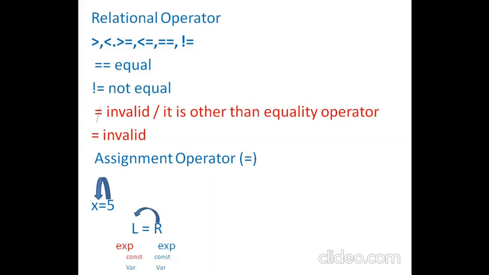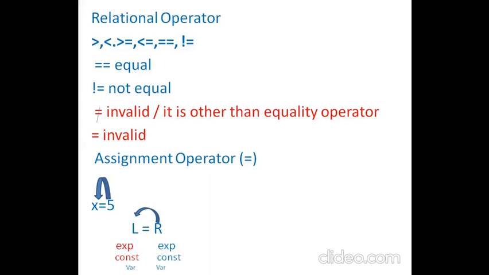Suppose if I write a plus b equal to c, that is invalid. When you are writing a plus b equal to c, on the left hand side there is an expression, that is invalid. So a left hand side expression is invalid, whereas on the right hand side it is valid. And a left hand side constant is also invalid, but a right hand side constant is valid.